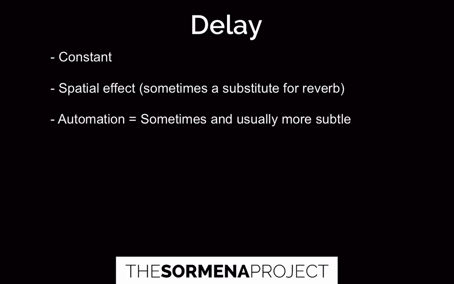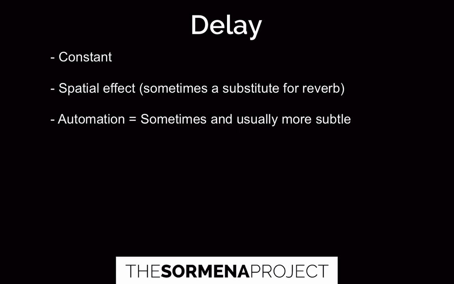If we think back to last week, we really were dealing with delay. And when I was using the term delay, what I really meant was an effect that's constant. So you have a piano part playing for 4 bars. That delay is enabled for the entire time. It's okay to maybe have a little bit of automation, even just the level of the delay, but it's occurring for the entire part.